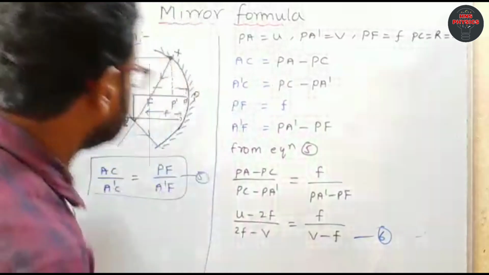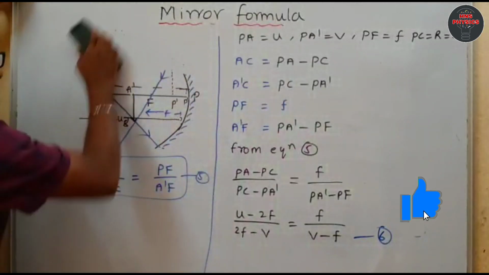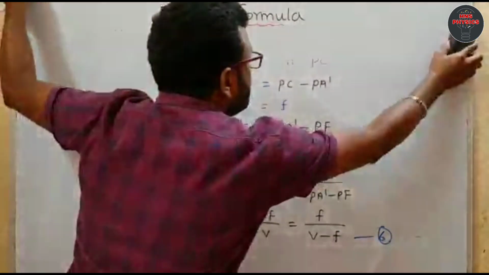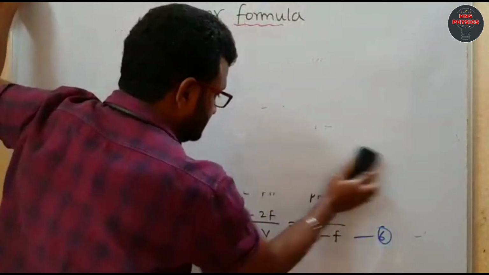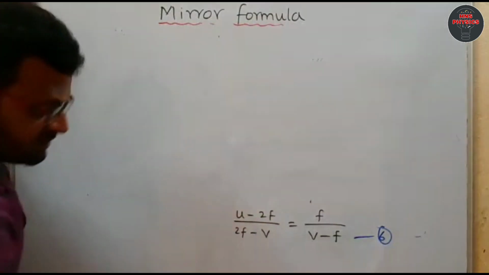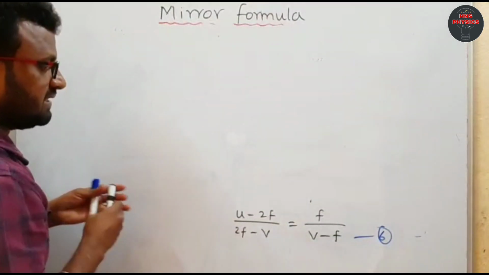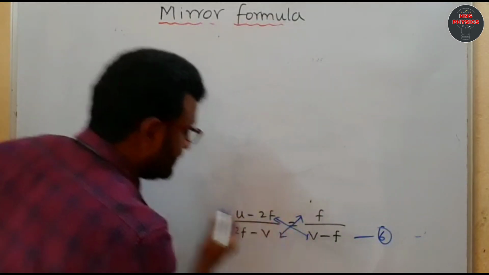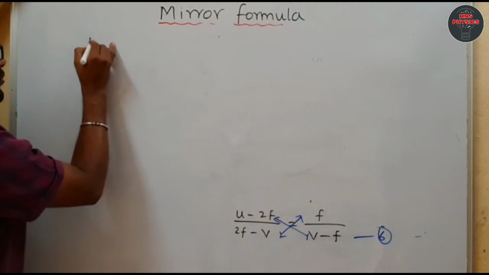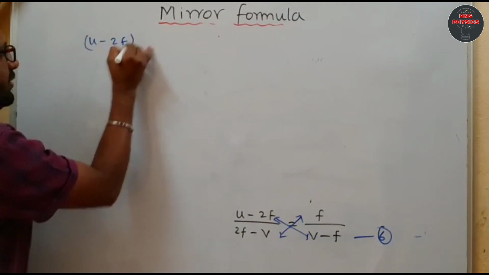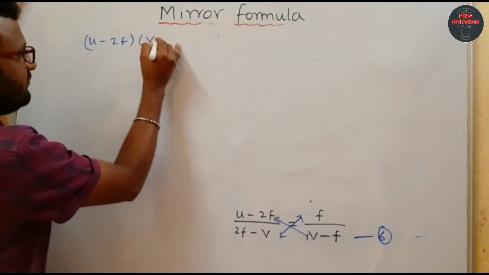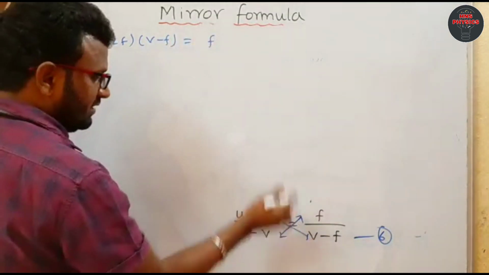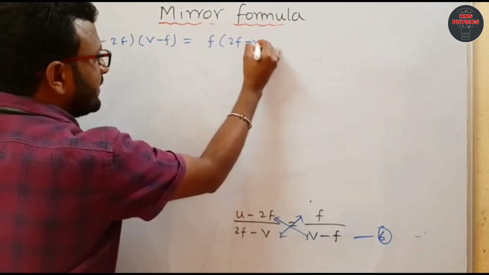For that purpose I am going to erase this diagram. Using these values, you can do the cross multiplication. What will you get? (u minus 2F) into (v minus F) equals F into (2F minus v).